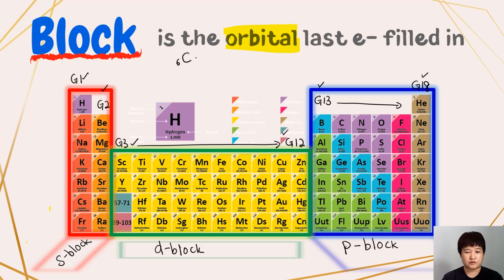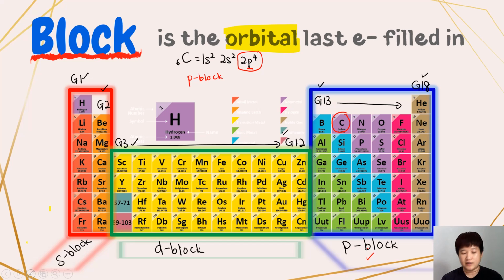Carbon has 6 protons, so the electronic configuration is 1s2, 2s2, 2p2. You can see that the last electron goes into the p orbital. Therefore, carbon will be in the p block. So let's check. Carbon is over here, and you can see carbon is in the p block.